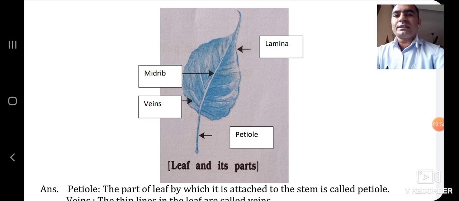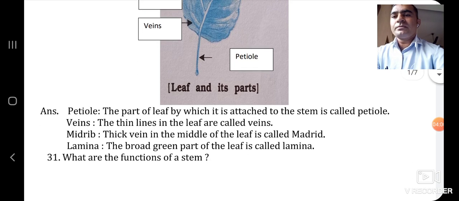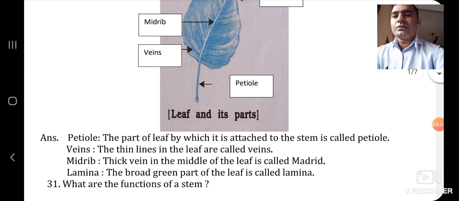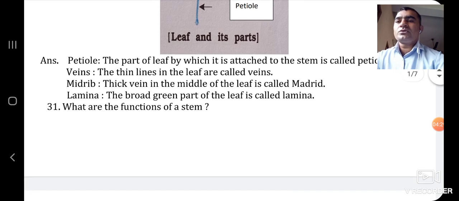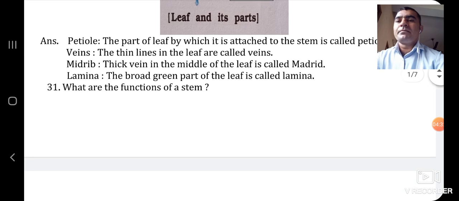And petiole is the part of the leaf by which it is attached to the stem or branch.